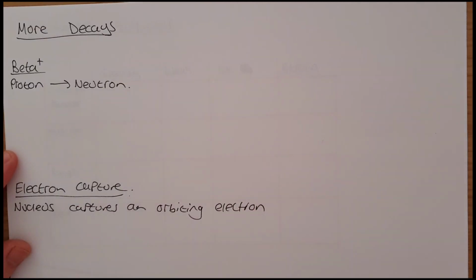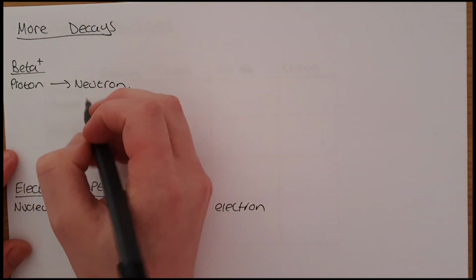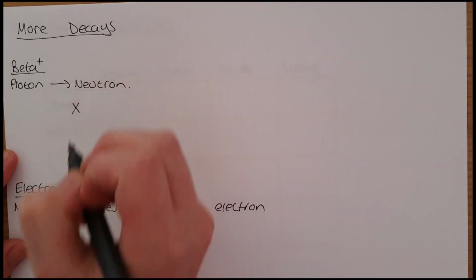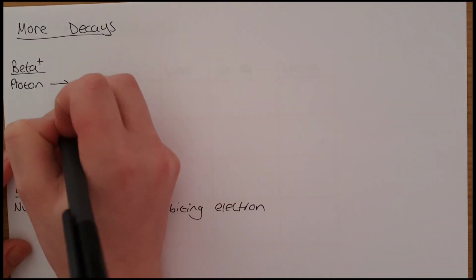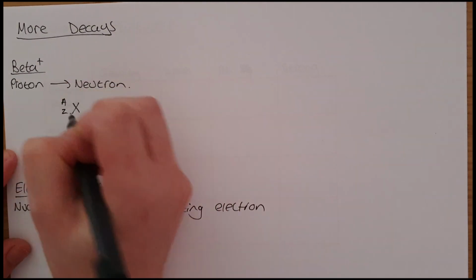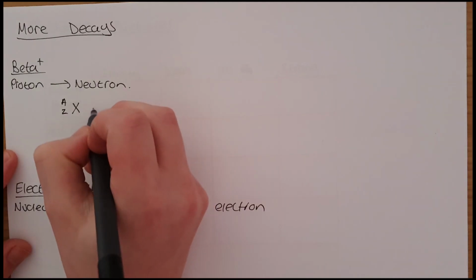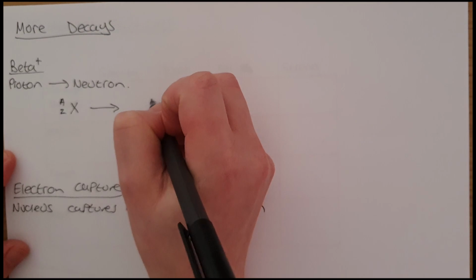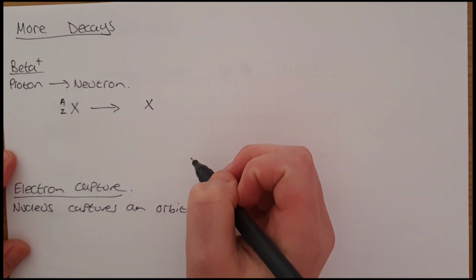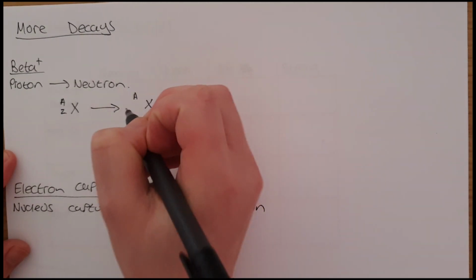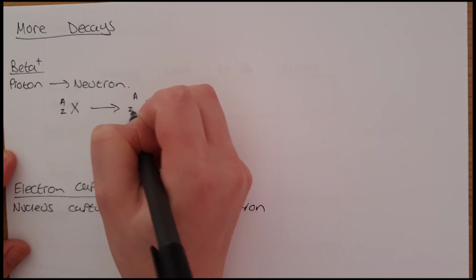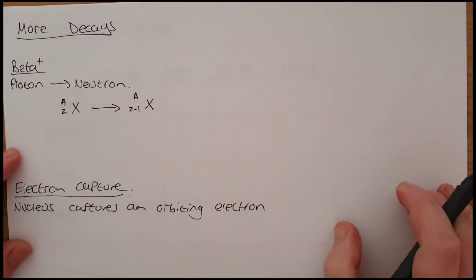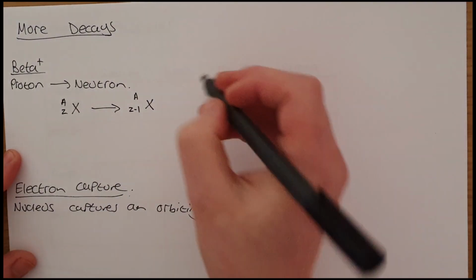Let's start off our general format of nuclei notation. X, as always, represents my element. A is my nucleon number and Z is my proton number. That forms another nuclide, X, the new element, A, the nucleon number, and this time it is Z minus 1 instead of Z plus 1.